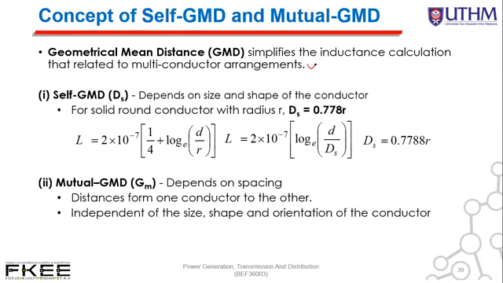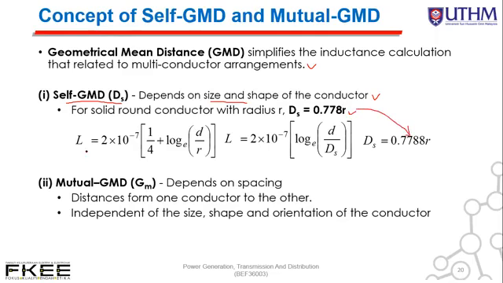There are two GMDs, that is self-GMD, DS, and mutual GMD. DS depends on the size and shape of the conductor. For a solid round conductor with radius R, DS will be 0.7788 R, like this.